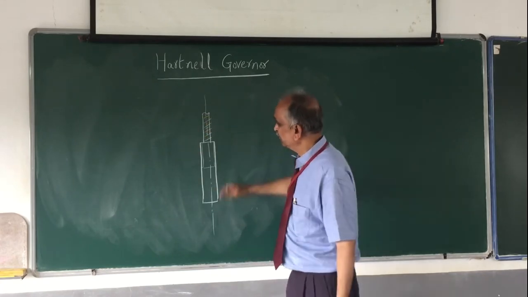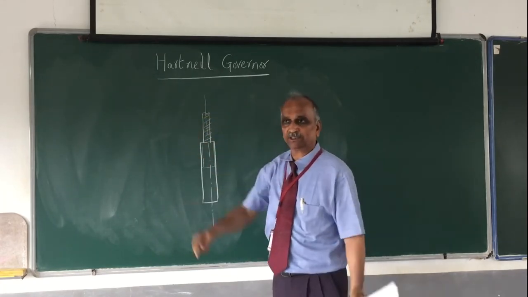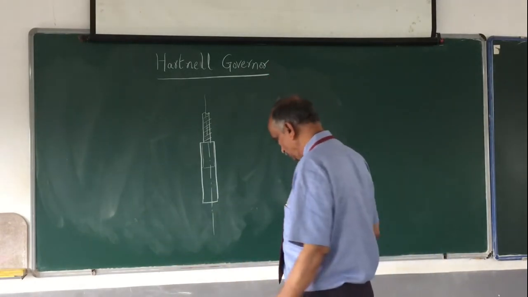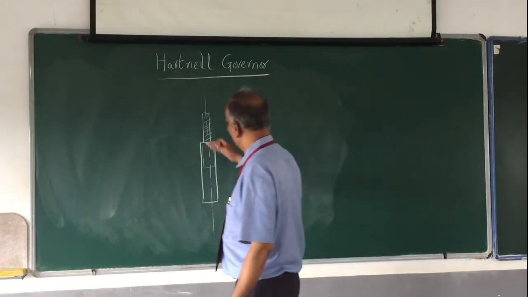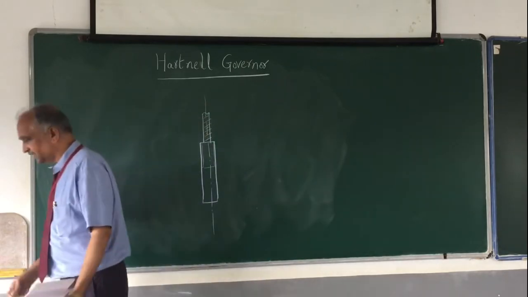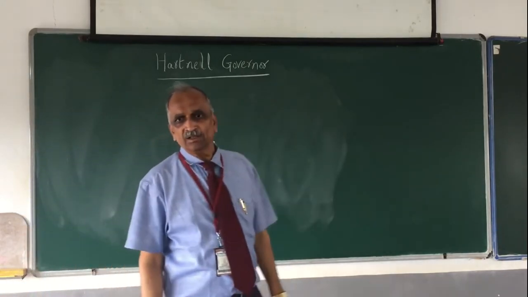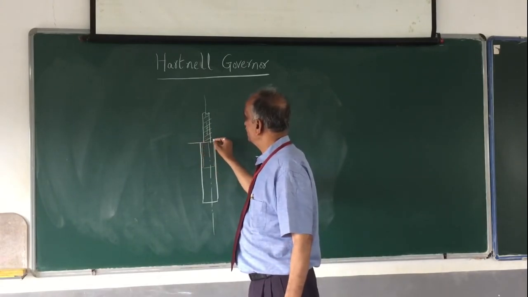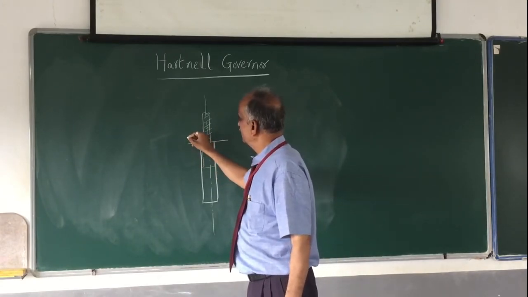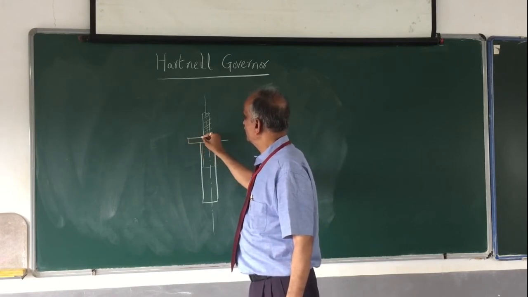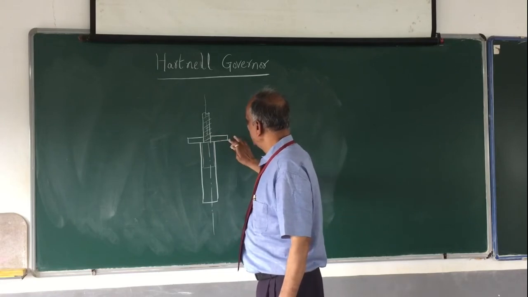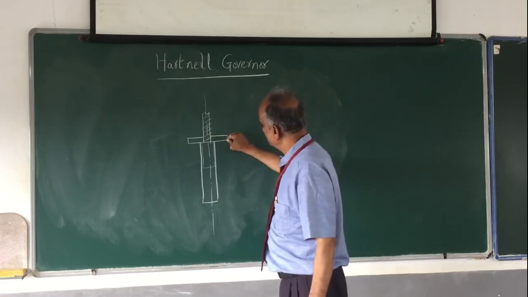Similarly, in the case of the porter governor, the upper collar, we were telling, is fixed. Similarly here also, the upper end of the skeleton must be fixed. Now I have what is called a skeleton, and you have something like this.